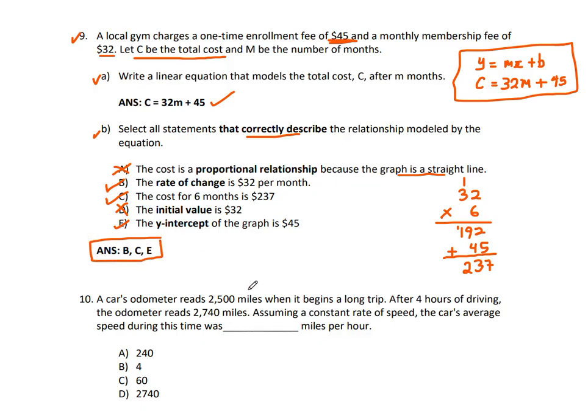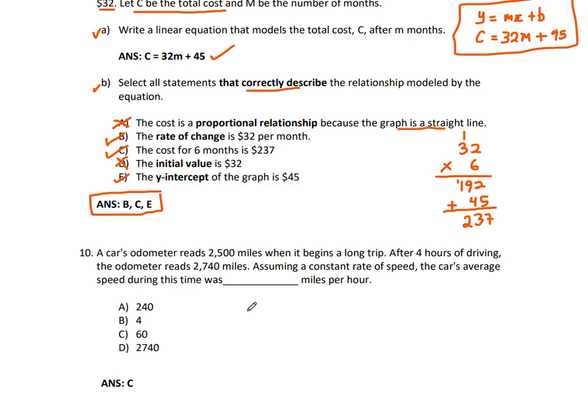Awesome. Now let's look at number 10. Number 10 says a car's odometer reads 2,500 miles when it begins a long trip. After 4 hours of driving, the odometer reads 2,740 miles.